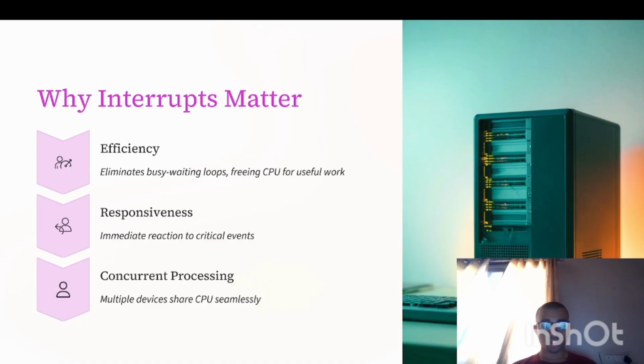Second is responsiveness. They allow our computers to react immediately to critical external events. Third is concurrent processing. They enable multiple hardware components to share the CPU seamlessly, making multitasking possible.